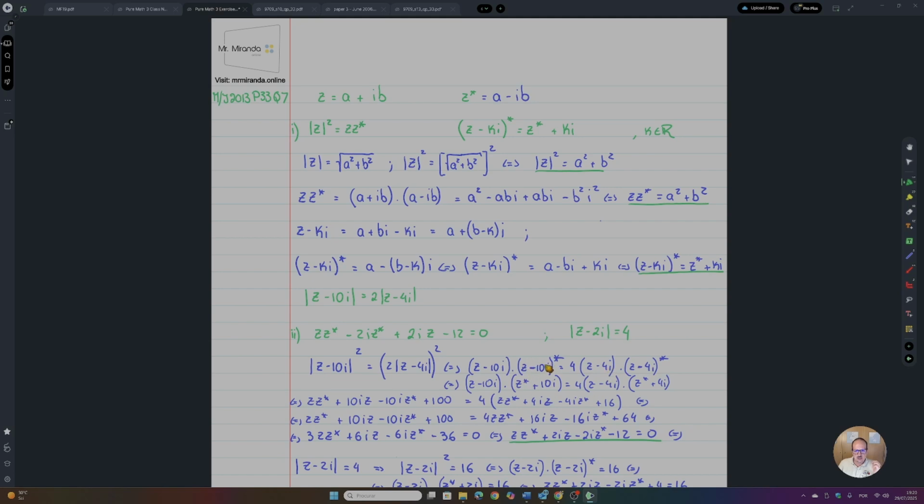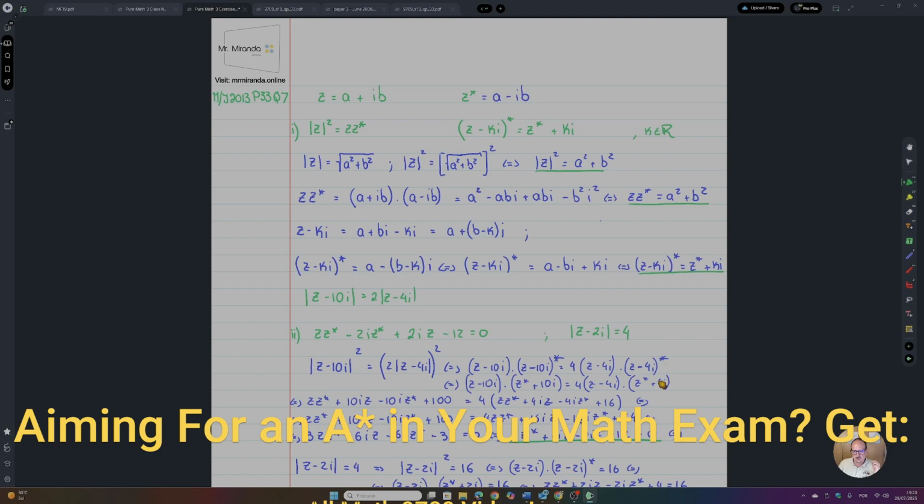What is the complex conjugate of that? It's going to be the complex conjugate of z, and then this imaginary part will become positive. Same thing over here. The z is going to become the complex conjugate, and this will turn positive.